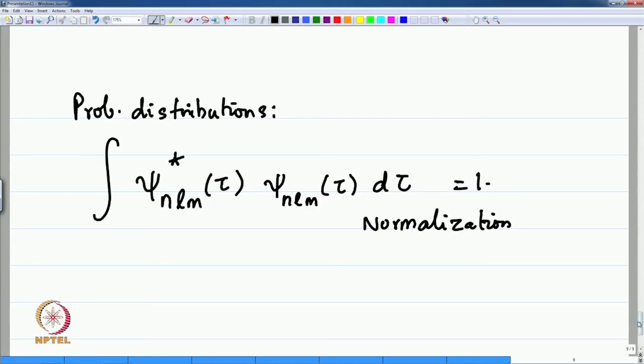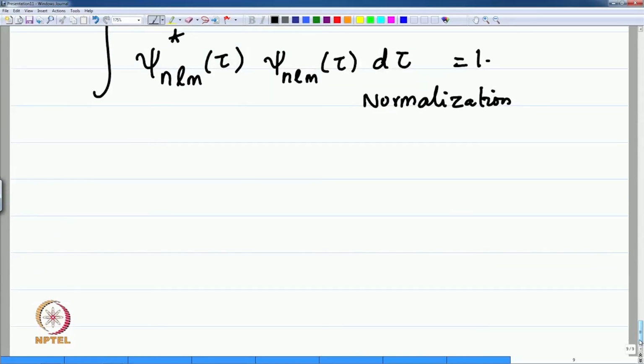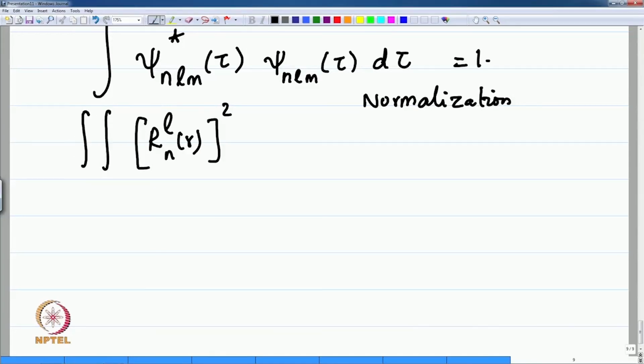From the functions given in the lecture notes for the individual R n l r's and the Y l m, the integral now takes the specific representation as a triple integral, r equal to 0 to infinity, theta equal to 0 to pi, and phi equal to 0 to 2 pi.